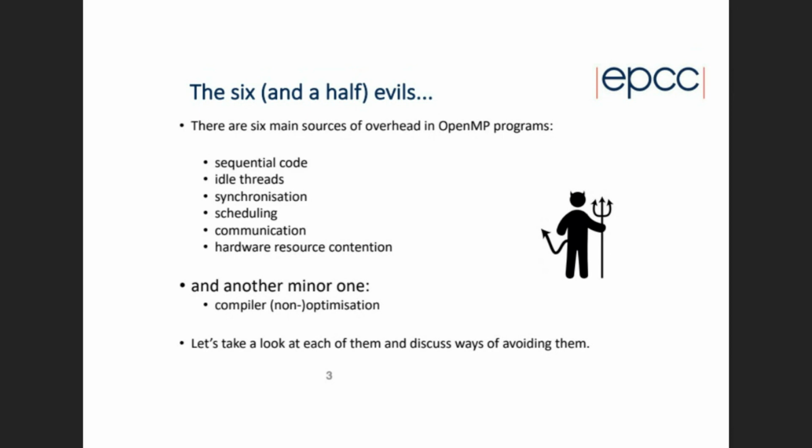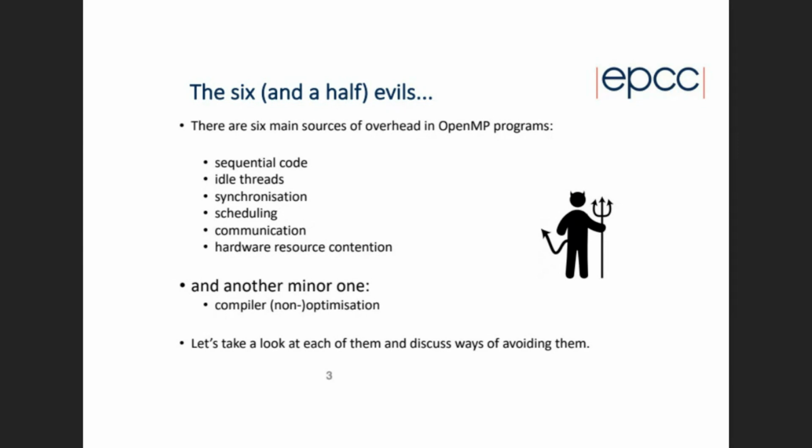So I'm going to talk about what I think of as the 6.5 evils of performance. These are the 6 main categories of overhead that you can get in OpenMP programs. And actually, this is broader than just OpenMP. This really applies to any shared memory programming environment.